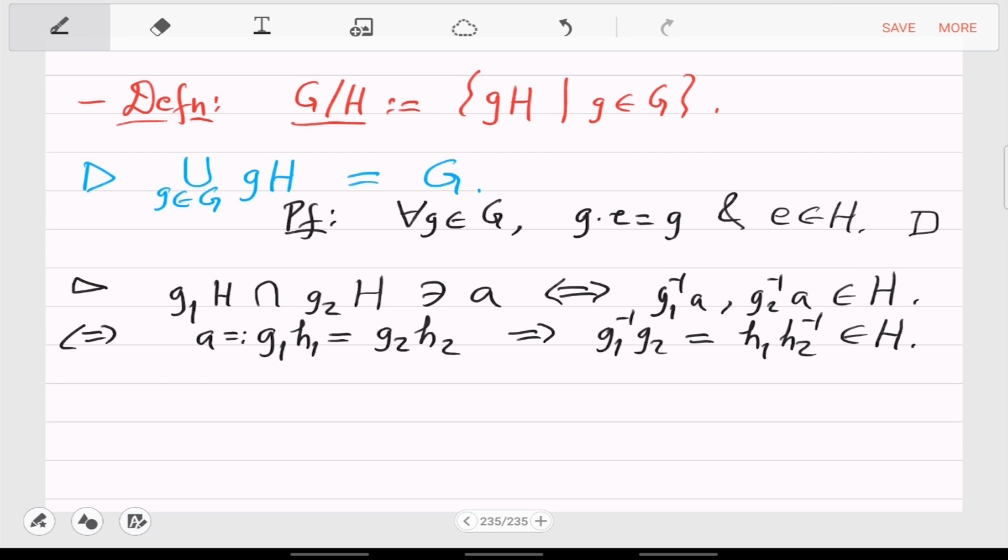So from this I can actually deduce, that is the punch line, that these two sets are actually equal. Do you agree? So in case there is an element common in these two subsets, then actually these two subsets are equal.